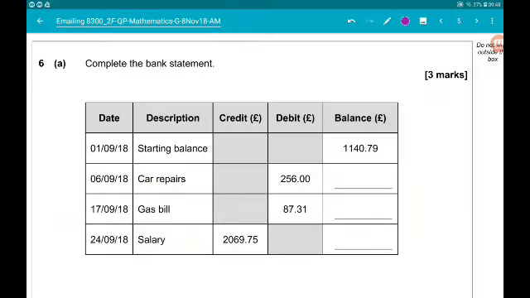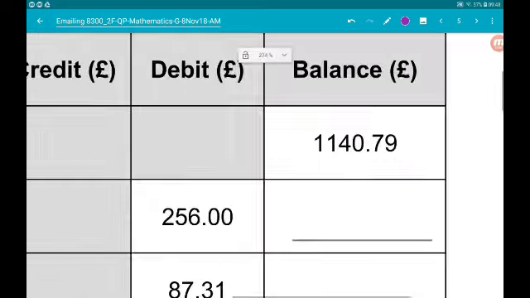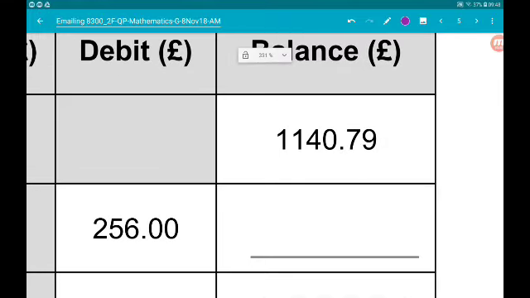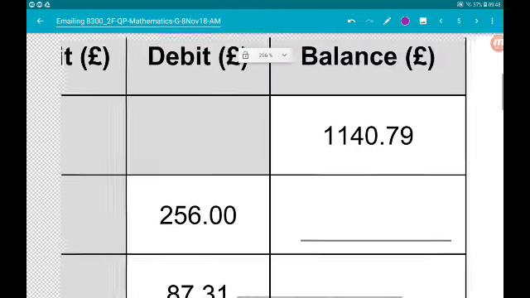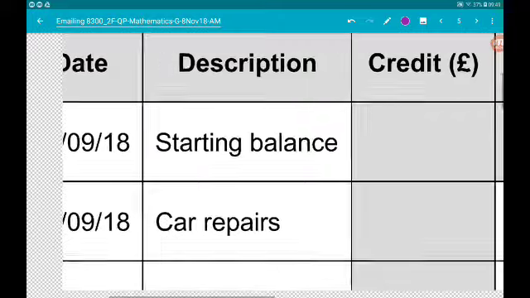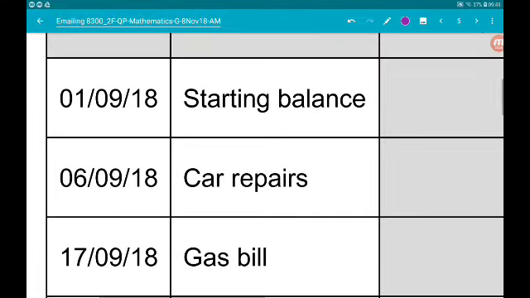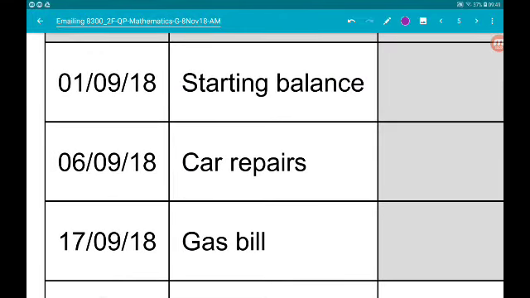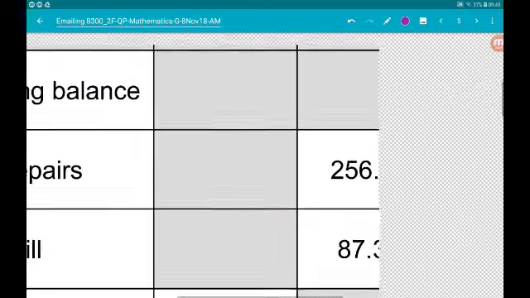Okay, question 6. We've got a bank statement to complete. So we've got a starting balance of £1,140.79. Now we've got headings of debit and credit. You don't need to remember which one is which, because you are always given a description of what's happening. So this first thing is car repairs.